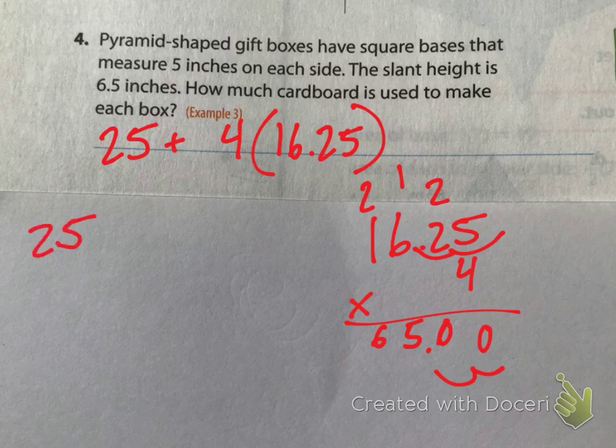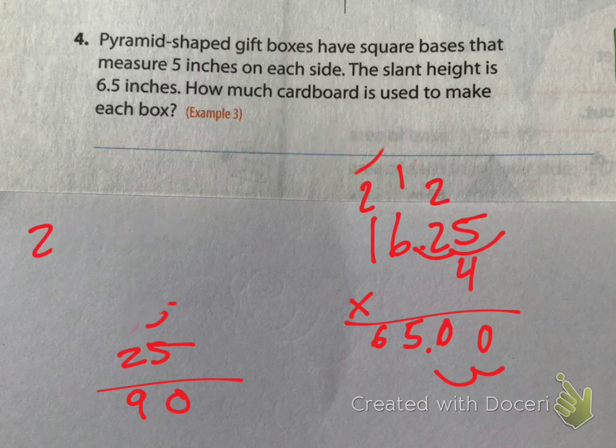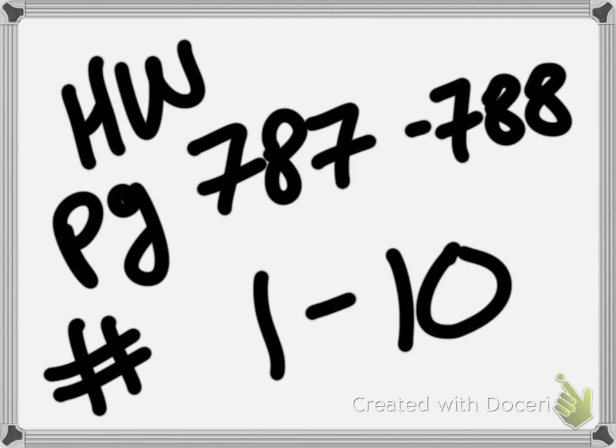Now I get 25 plus 65. Let's write that. We'll do up and down math. 65 plus 25, we get 90. So our answer for how much cardboard is used to make each box is going to be 90 inches squared.